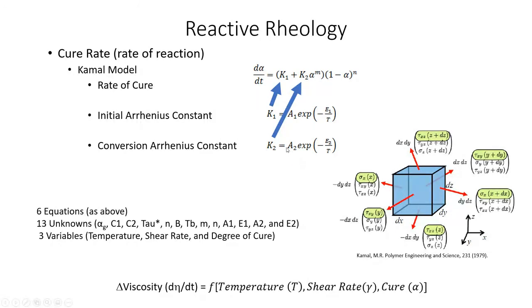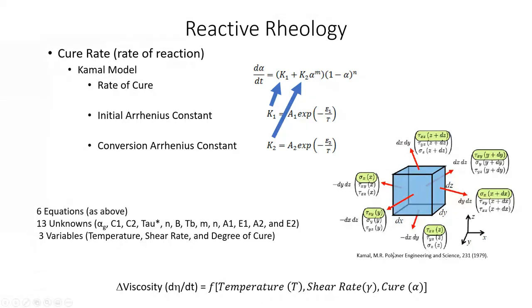And all of this stuff is plotted in a way that we do 6 equations, 13 unknowns with 3 variables, and you know what those are: temperature, shear, and cure rate. And for each element of the finite element analysis, we factor those in at all 6 sides of the square. And there are some studies that use cylindrical analysis, but I'm showing here a cubed analysis, a finite analysis.